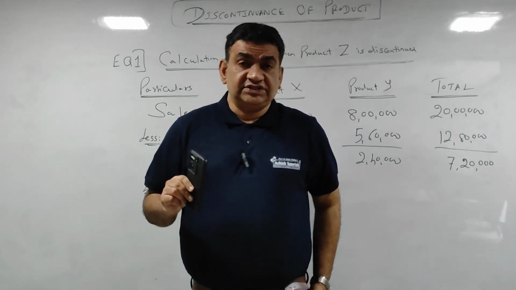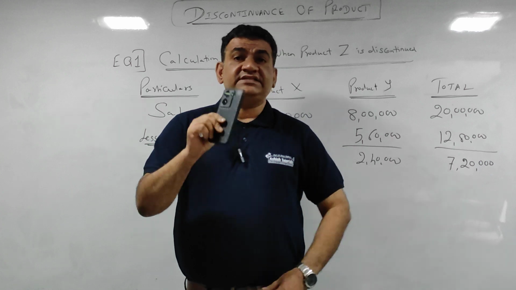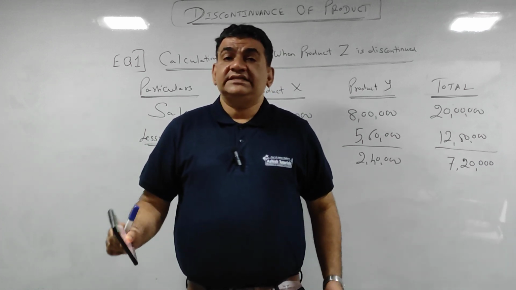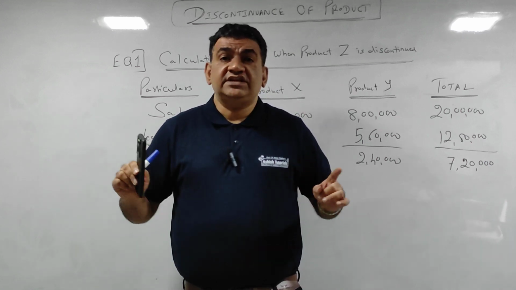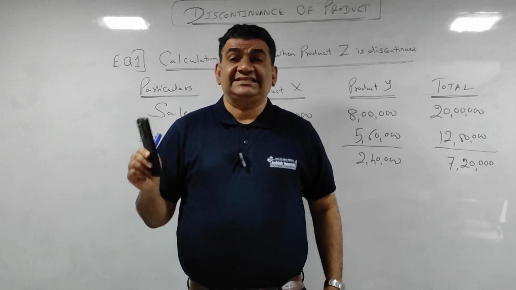Is there any information? No. So remember, if Z is discontinued and there is no information, it means there will be no change in fixed cost. The fixed cost will continue as it is.